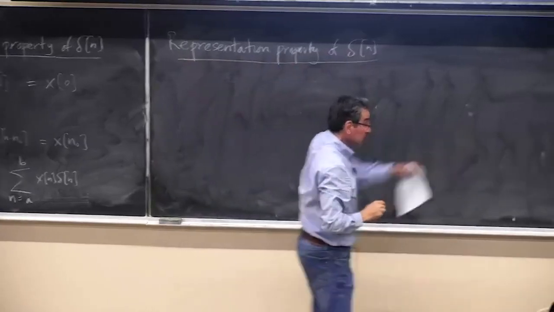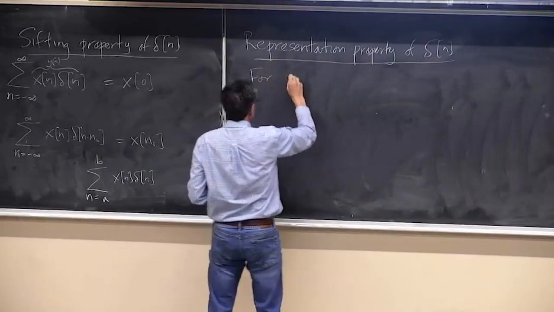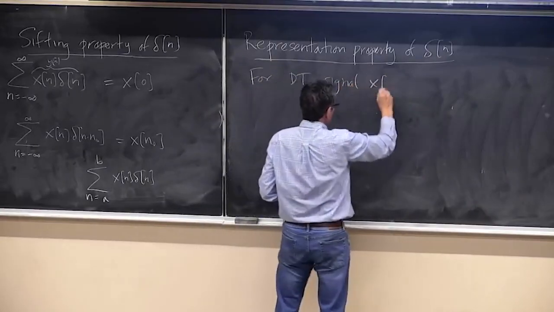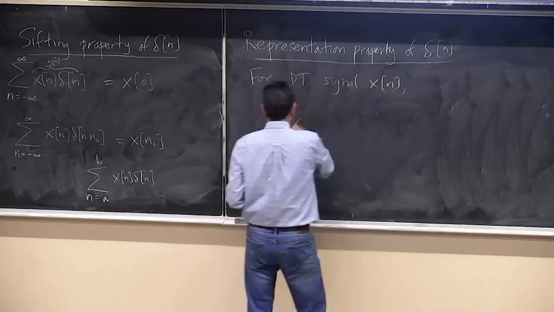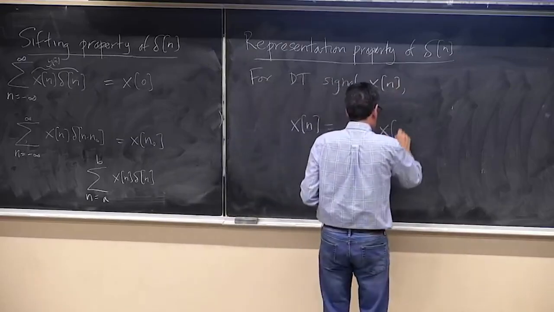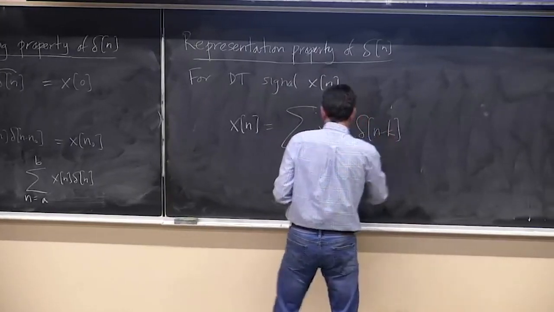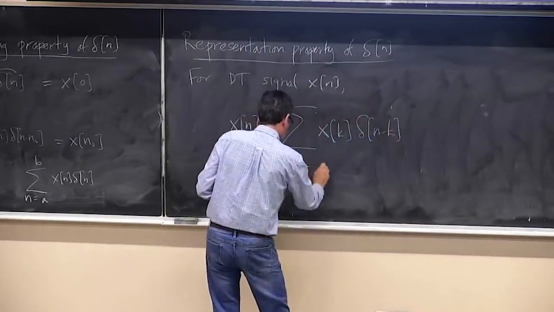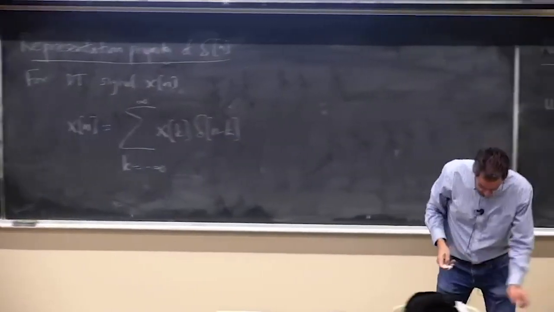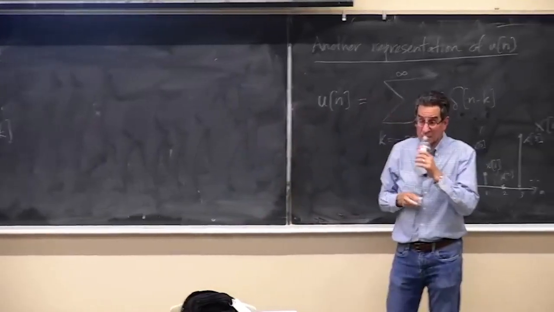It simply says that for a DT signal x of n, we can write x of n as this linear combination of time-shifted impulses, where the index of summation goes from minus infinity to infinity.